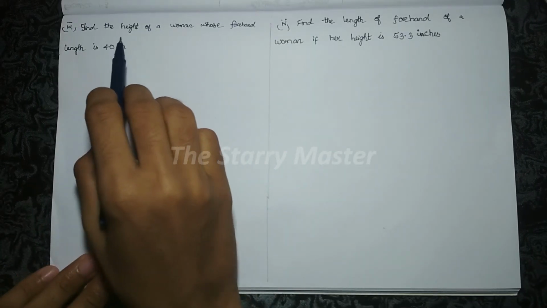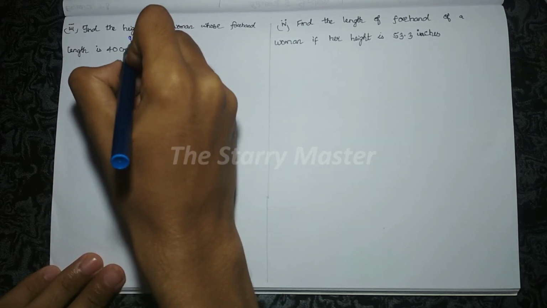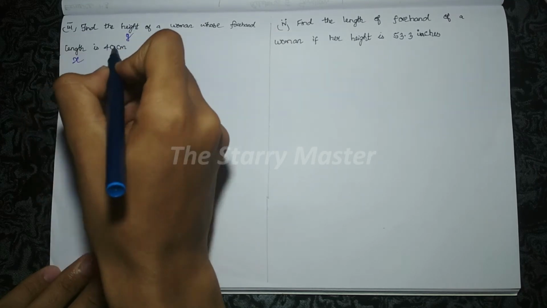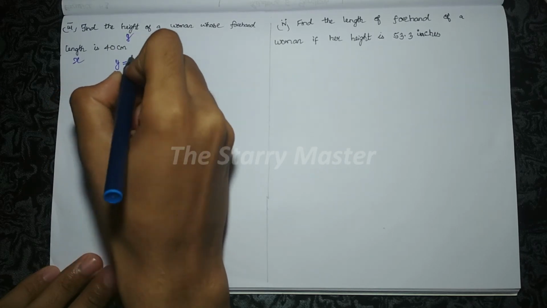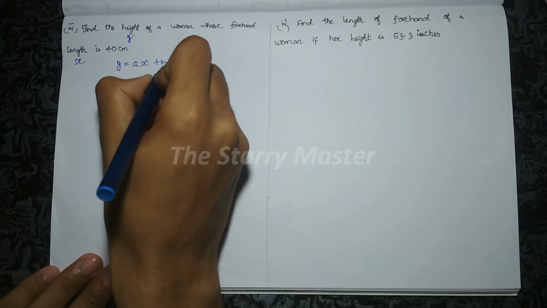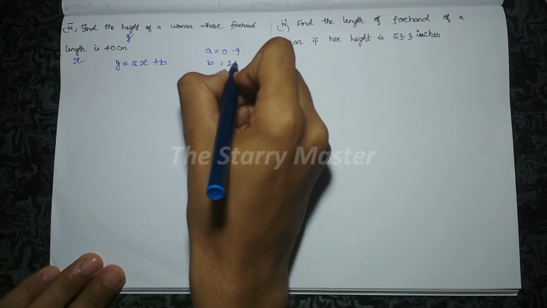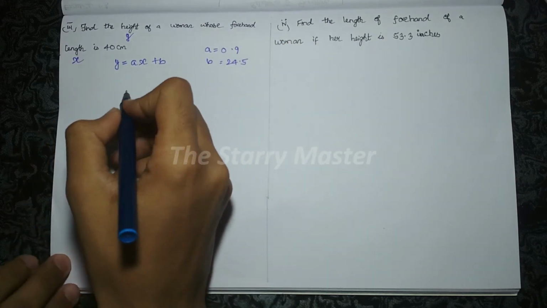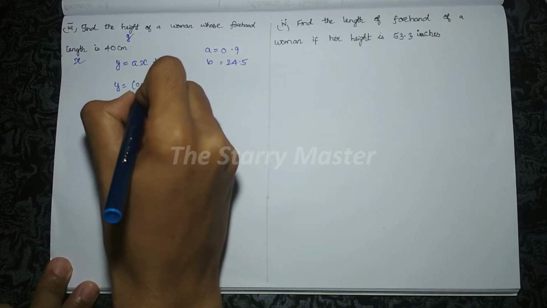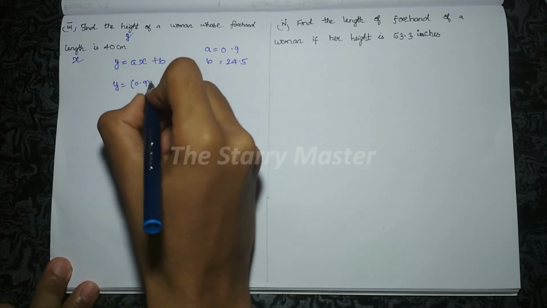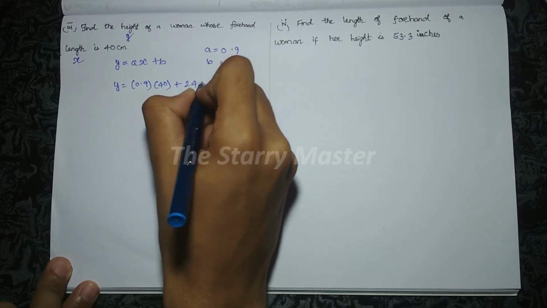Here it asks, find the height of a woman whose forehead length is 40 cm. We know height is y and length is x, so we are asked to find y. The given equation is y equal to ax plus b. The value of a we have found is 0.9 and the value of b is 24.5.